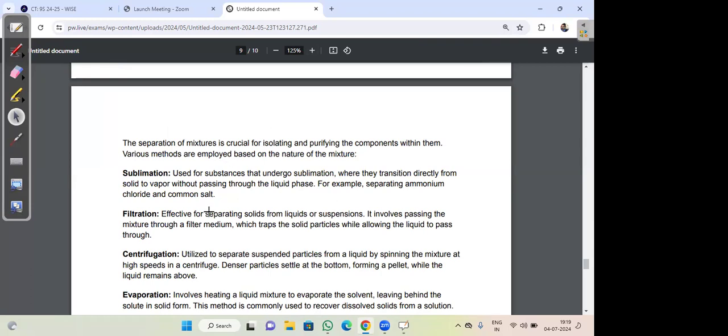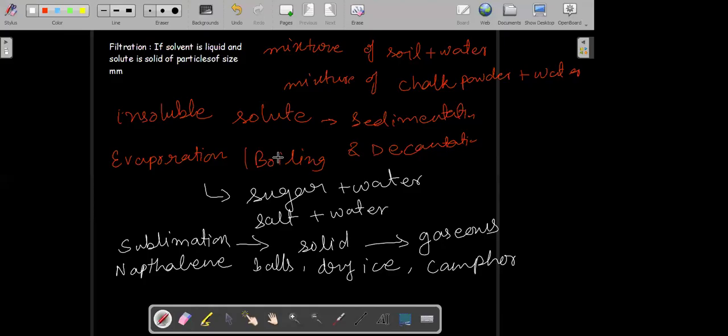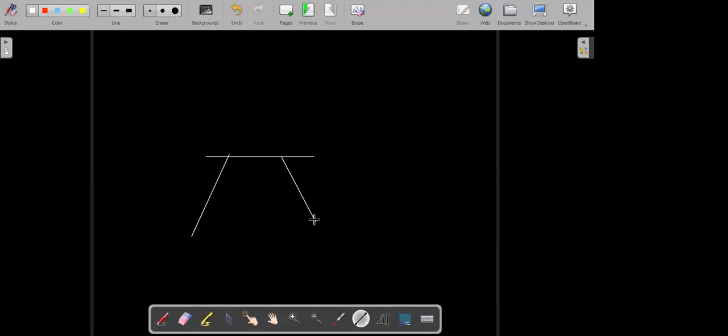So out of the two substances, see here, we take a beaker and in it we put both the substances.